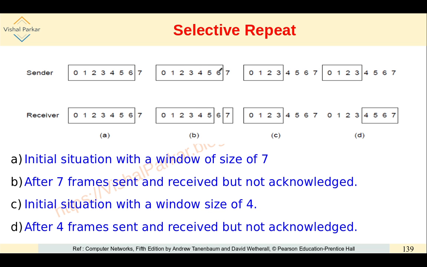But the receiver has correctly received the first set of 0 through 6. It has acknowledged, and that's why it has advanced its window, now containing 7, 0, 1, 2, 3, 4, 5. Whereas the sender has not got the acknowledgement for sequence numbers 0, 1, 2, 3, 4, 5, 6.